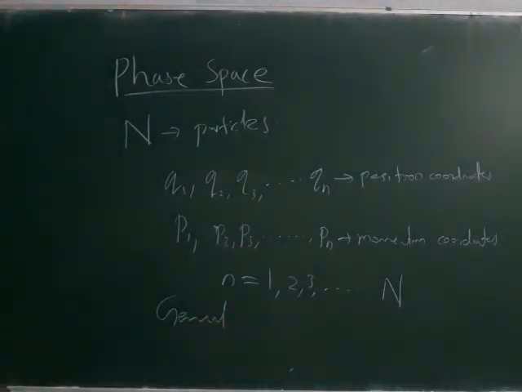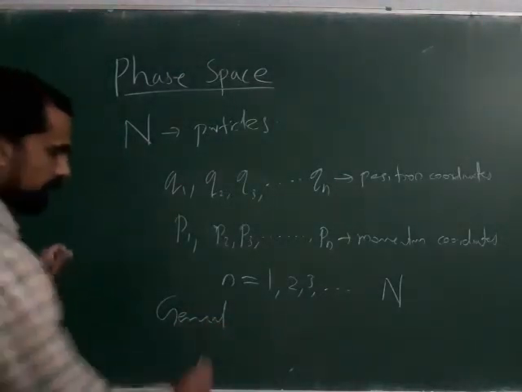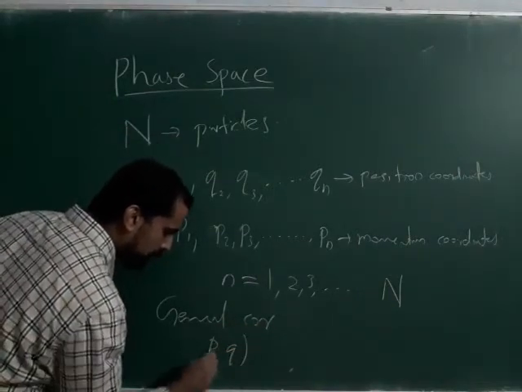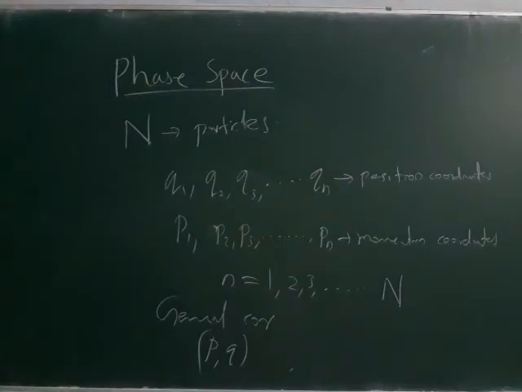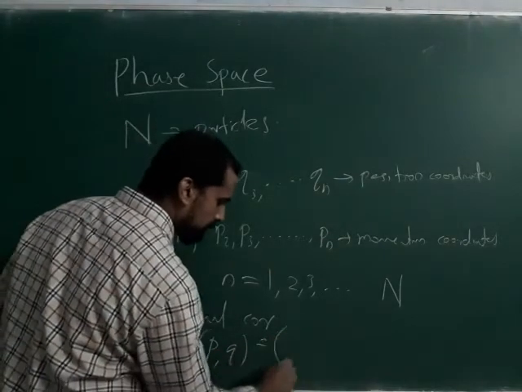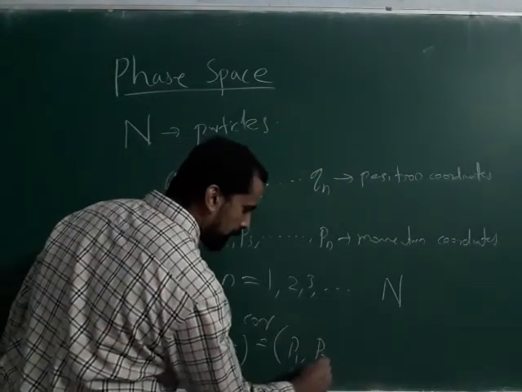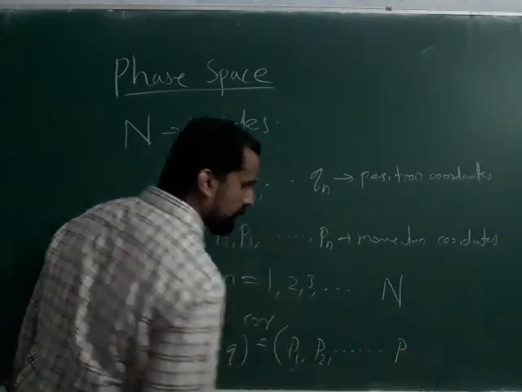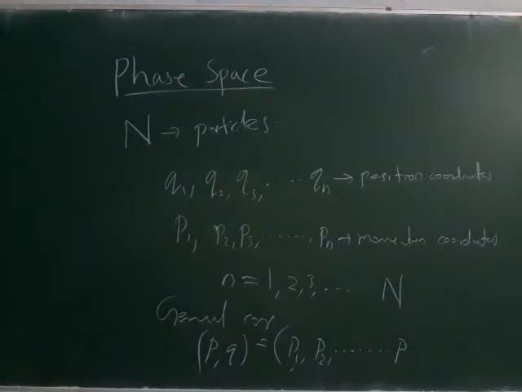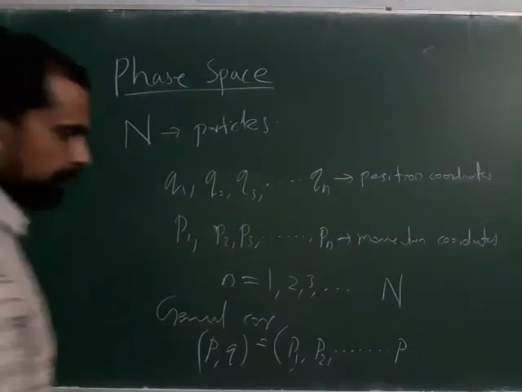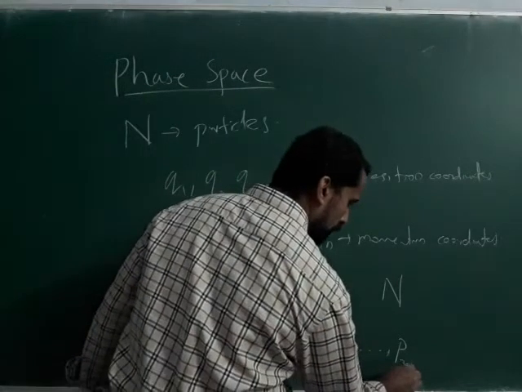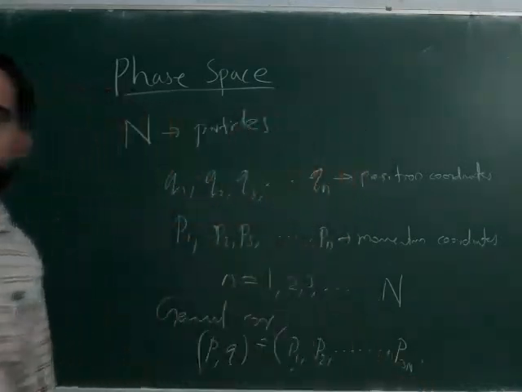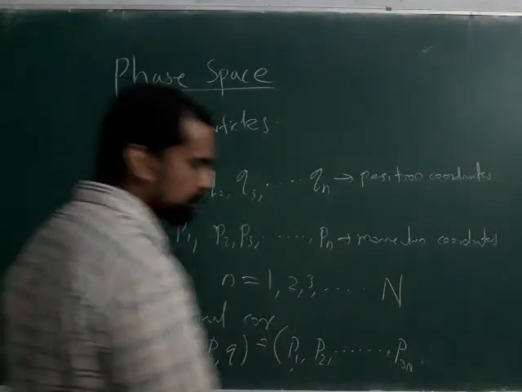If you generalize, the general coordinates can simply be written as P comma Q, which is nothing but P1, P2, etc. up to P3n, then Q1, Q2, Q3 and so on.